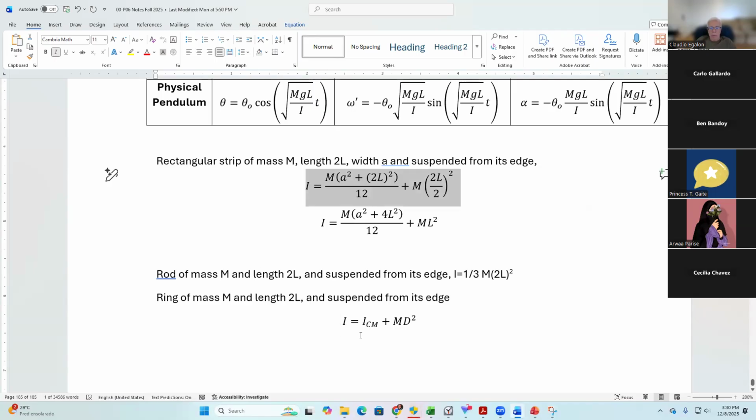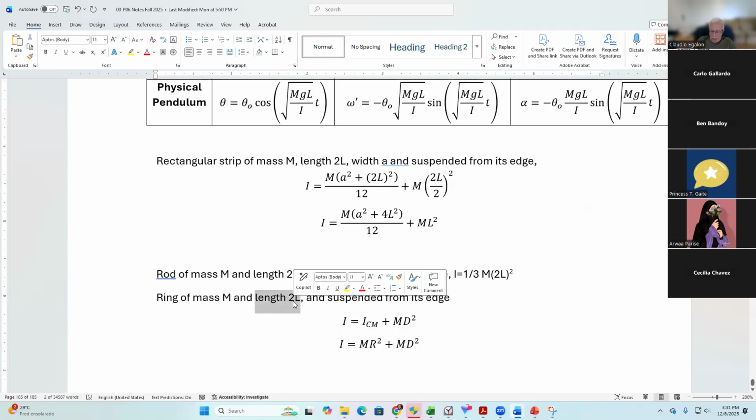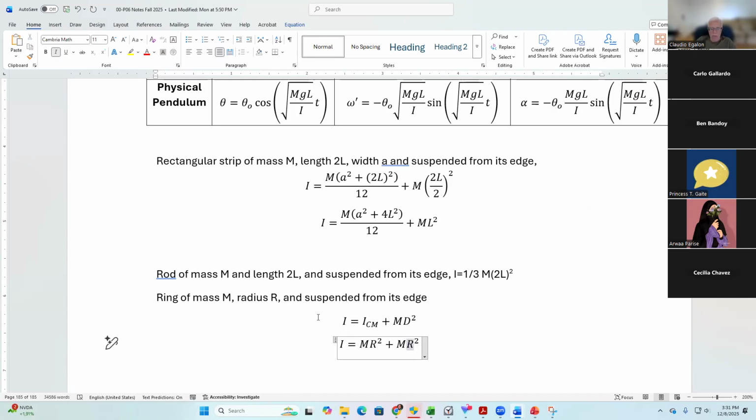That's what I did right in here. And then what I'm doing also for the ring, right? The moment of inertia going through the center is mr squared, okay? Radius r, mass m, and suspended from its edge. The distance d from the center of mass is going to be r, so r squared.